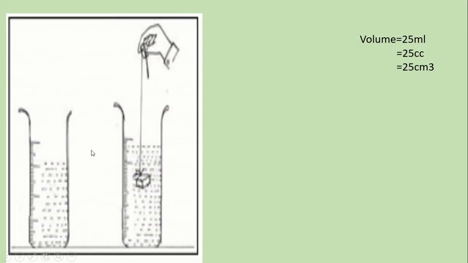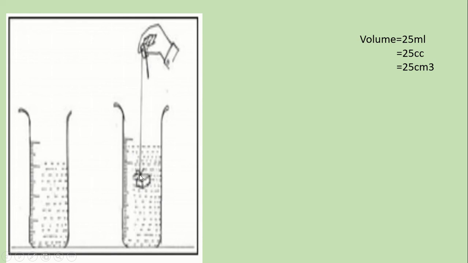at this figure. Here you are seeing a measuring flask. It is graduated. There is a graduated scale on the measuring flask, and we will take some water in the flask and mark the water level. Okay, then we will tie a regular shaped object with a thread and submerge the object in the water.